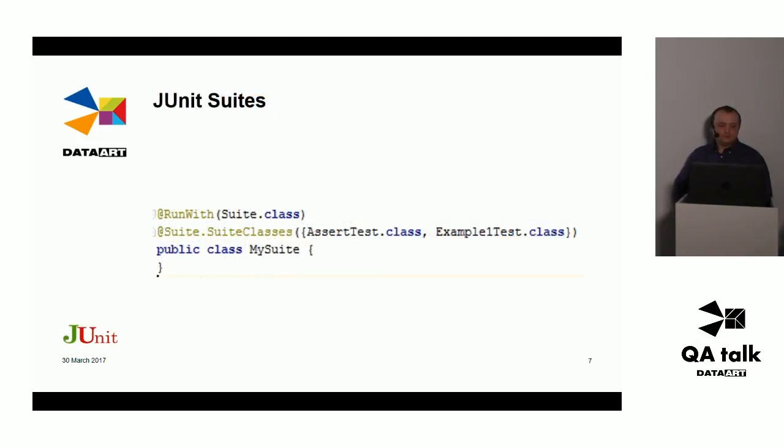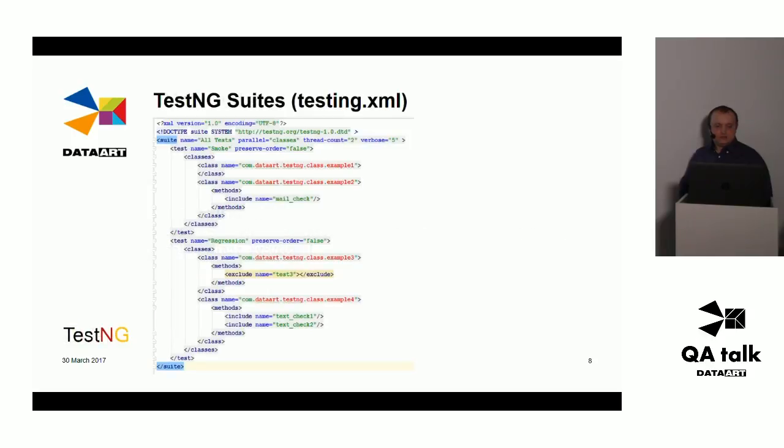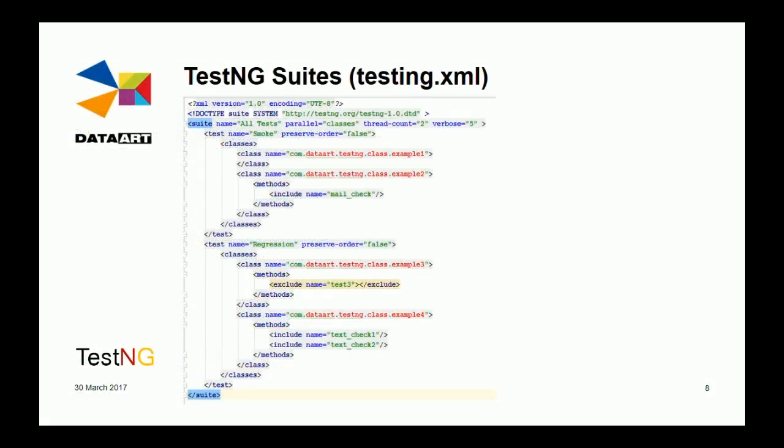Let's start with suites. In JUnit 4, you can join your test classes in suites, for example using a class where you combine your classes, but you have to prepare such a class. In TestNG there are different methods, and one of them is to use TestNG XML.